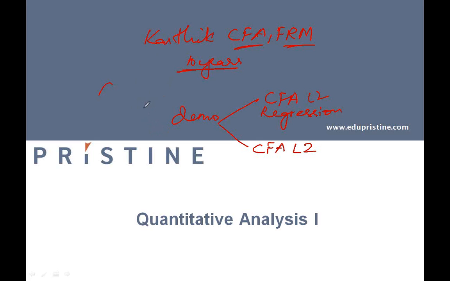But at any point, if you have any question, you can use the question box, a little pop-up box that you see, and type in your question there. I promise that I'll read each one of your questions aloud so that everybody else in the class first has an opportunity to understand the question, and then I'll proceed to give answers. It works pretty well, and you'll use this experience for further webinar classes in Pristine.